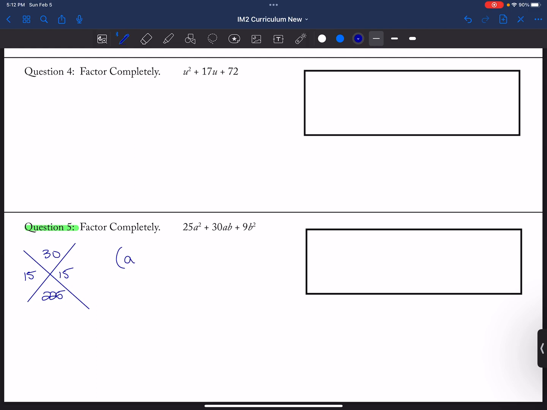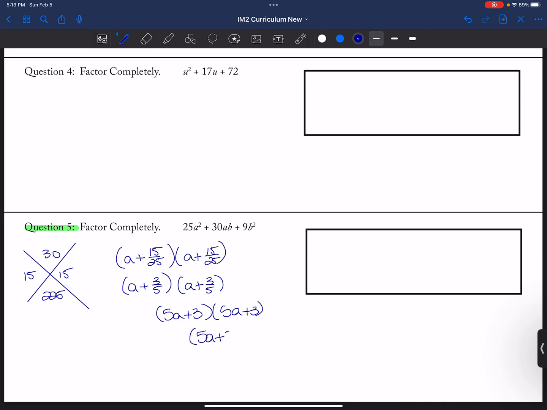So this is a plus 15 over 25, and a plus 15 over 25, which is the same exact thing. So this is a plus 3 over 5, a plus 3 over 5. So this is 5a plus 3, and 5a plus 3. So 5a plus 3, the quantity squared.